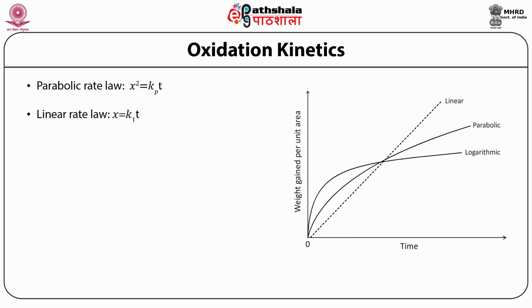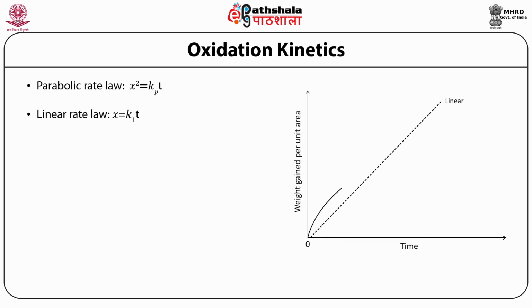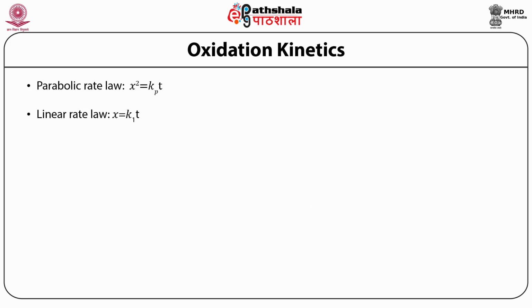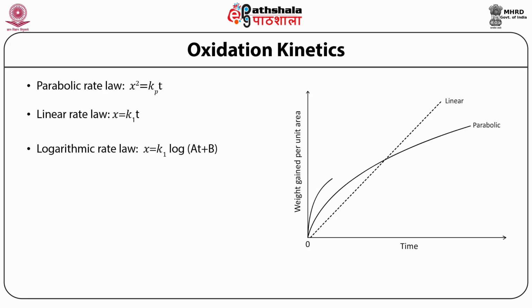The oxide thus formed will not cover the surface and leads to a non-covering, non-protective oxide scale. There can be other reasons for non-protectiveness like micro-cracking of the scale or spallation of the oxide scale. The next type of law is the logarithmic rate law.